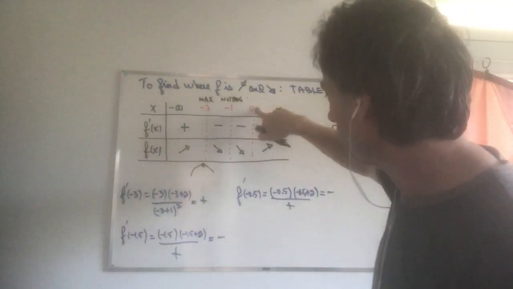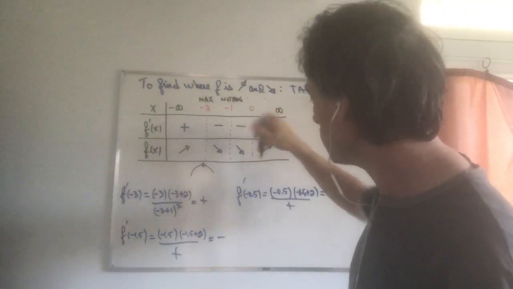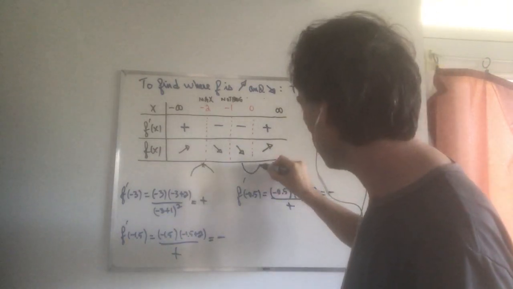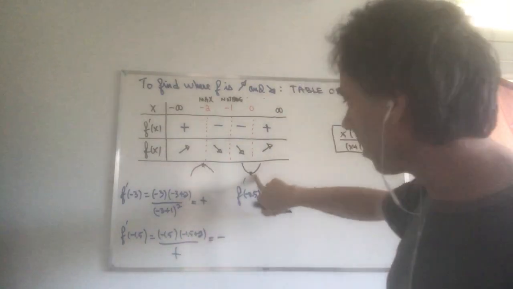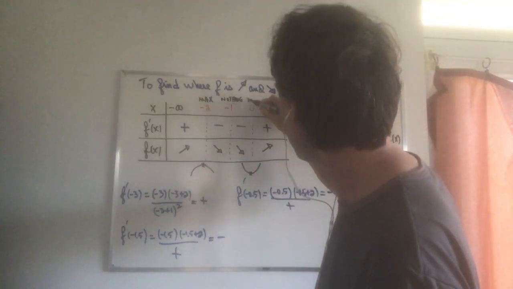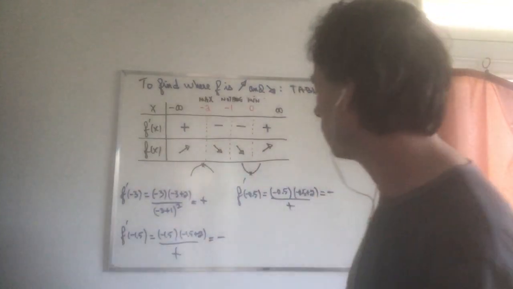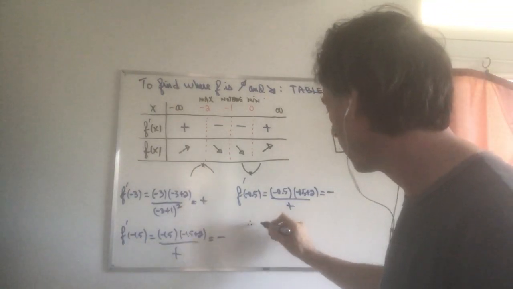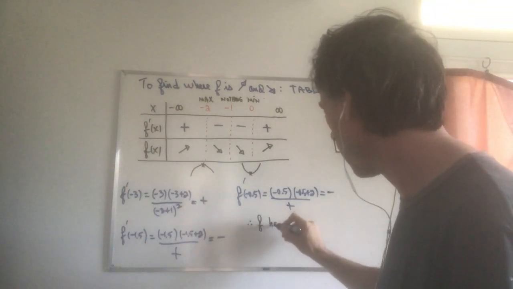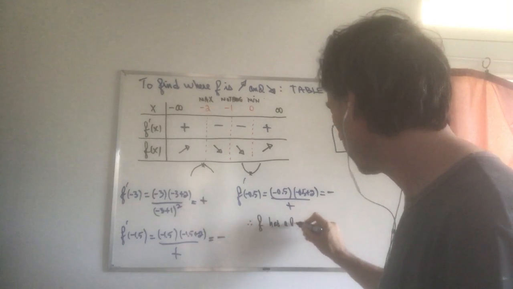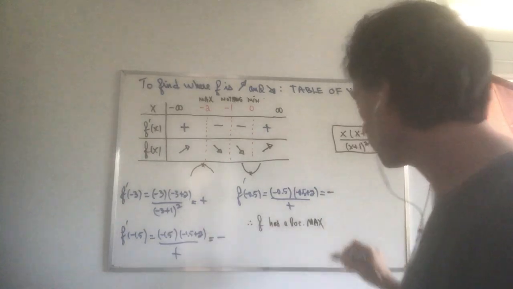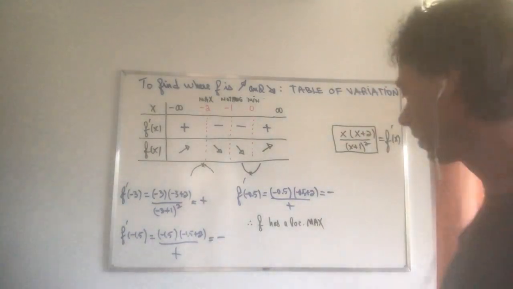But 0 is something, because f prime is negative, the function goes down. F prime is positive, the function goes up. What do you call a point at the bottom of the curve like this? You call it a local min. So, as a conclusion, f has a local maximum. We're just going to state it as x coordinates.